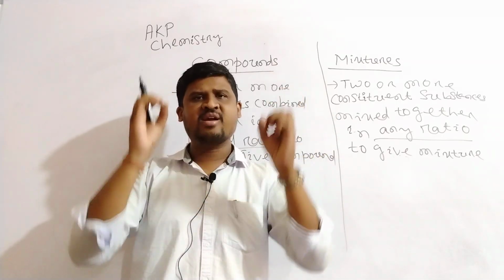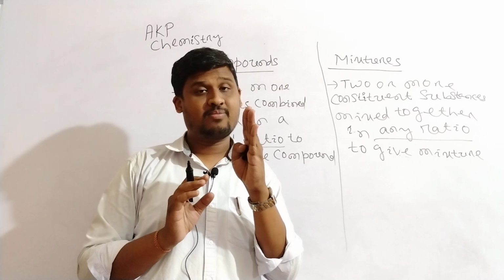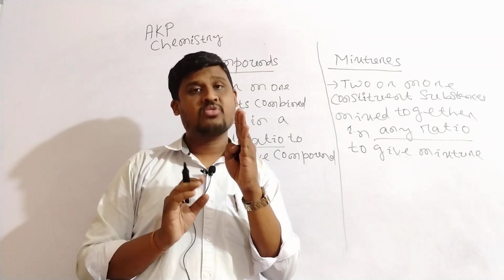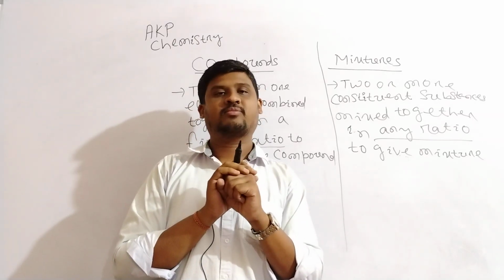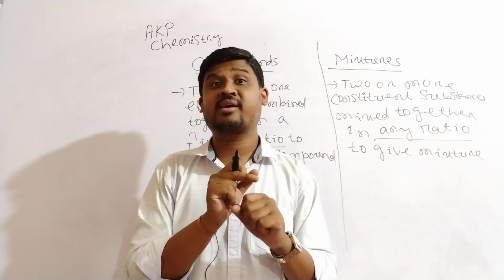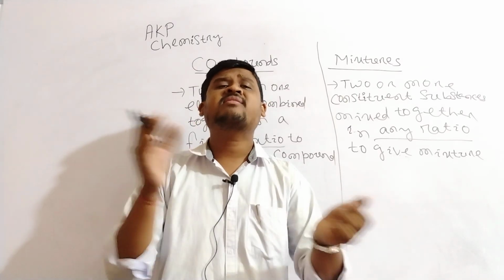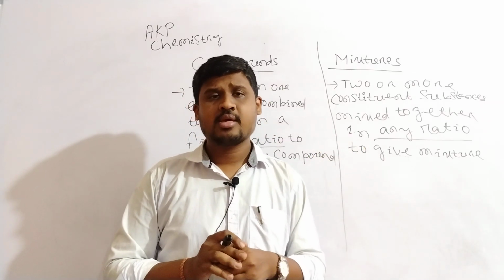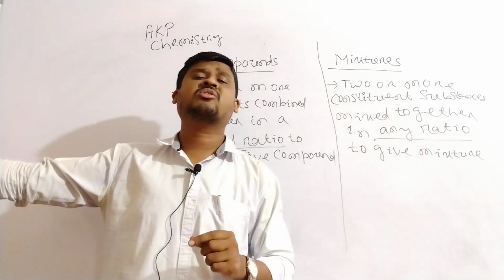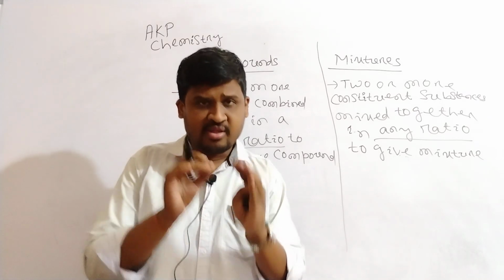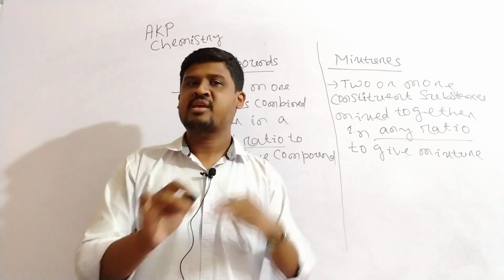The two reactants may be elements, which when mixed in a fixed ratio give a compound. But the compound has unique properties which are different from the elements' properties. For example, carbon dioxide is formed from carbon and oxygen. Carbon has unique properties, oxygen has unique properties, and when they combine, carbon dioxide has another set of unique properties. That means compounds have chemical properties different from those of the elements.